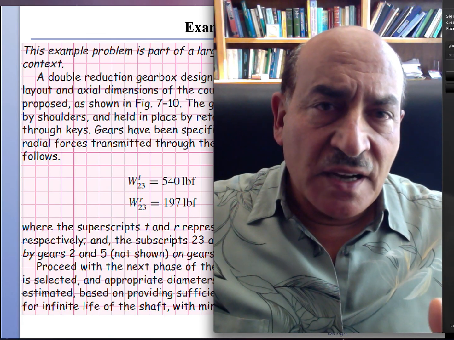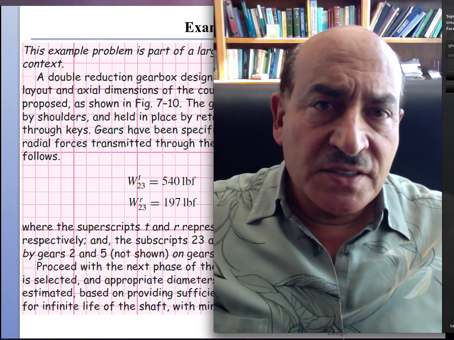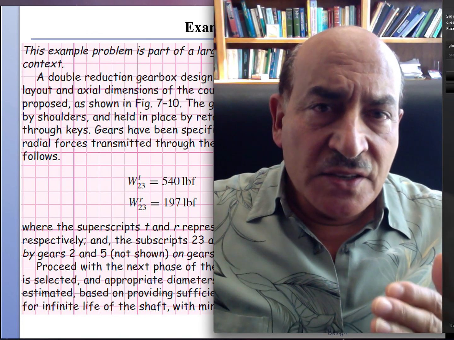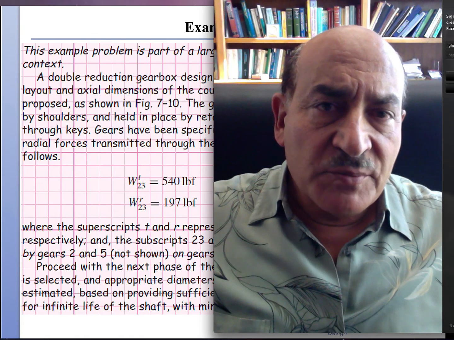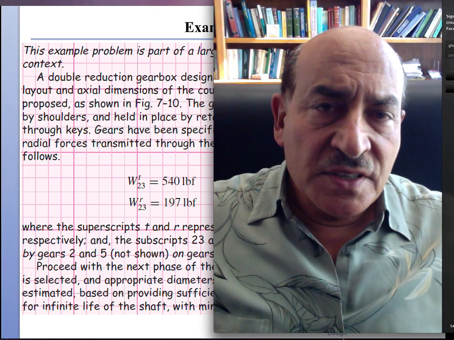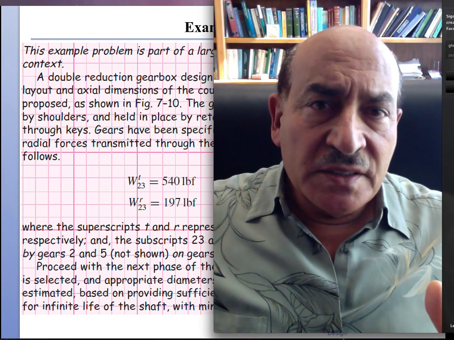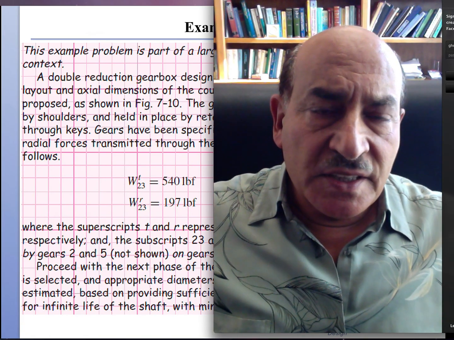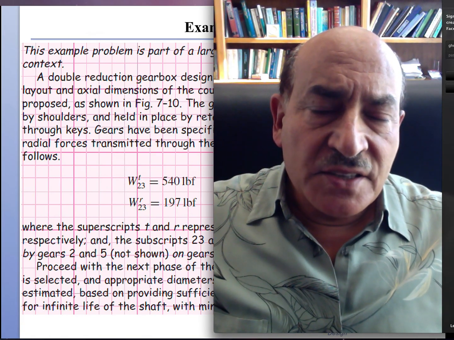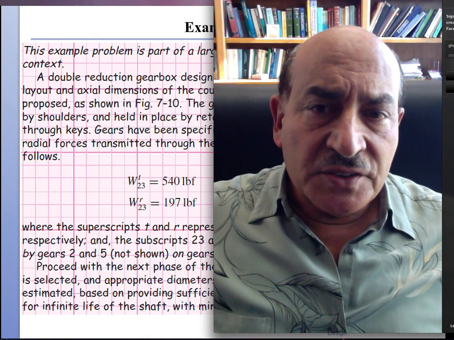As we mentioned, there are other design considerations that will come into play later on, so we will proceed with the same example in the next lectures to go from one design consideration to another until we complete the task of designing the counter shaft.